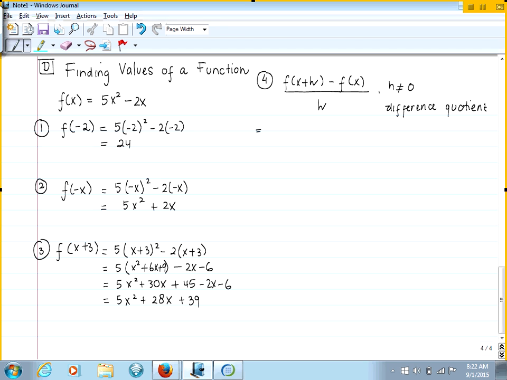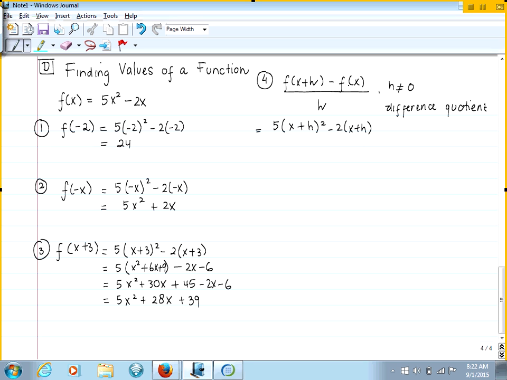So what am I going to do? What is this equal to? What am I going to write here? 5 times what? x plus h squared. So basically whatever we have here, the x is replaced by whatever I have. So f of x plus h, what's that? 5 times x plus h squared minus 2 times x plus h.